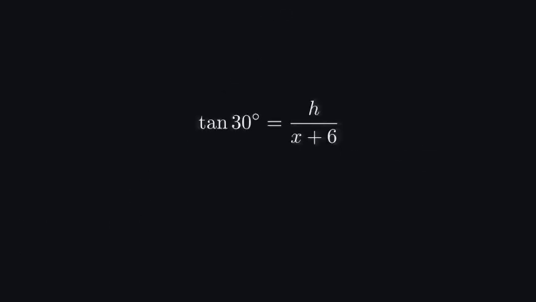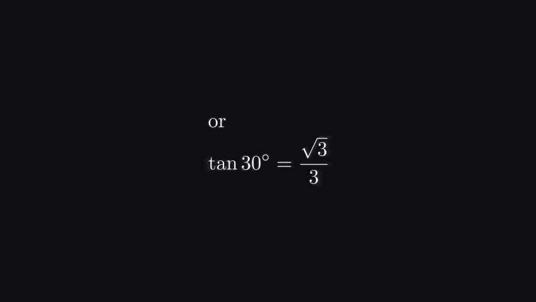Tan of 30 degrees equals h over x plus 6. Tan of 30 degrees equals 1 over the square root of 3, or tan of 30 degrees equals the square root of 3 over 3.